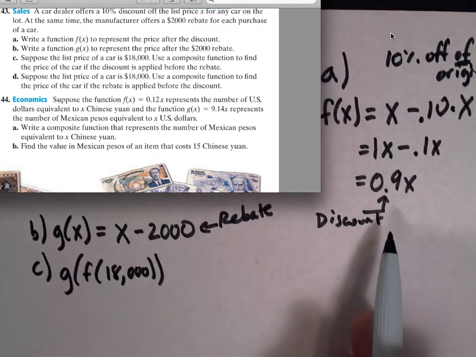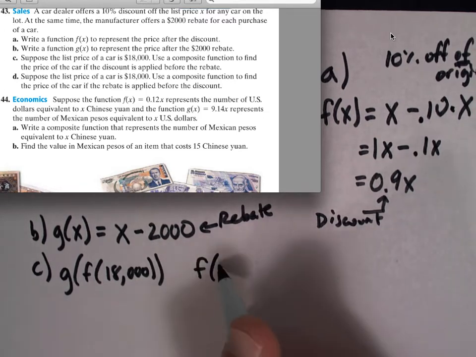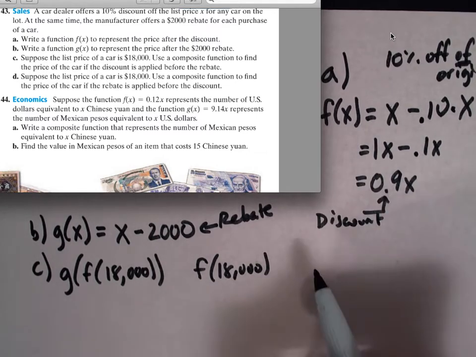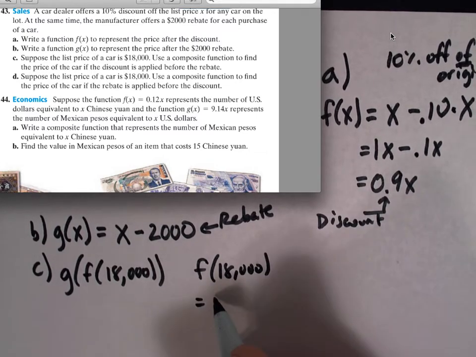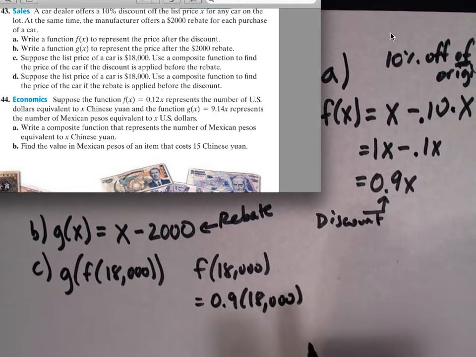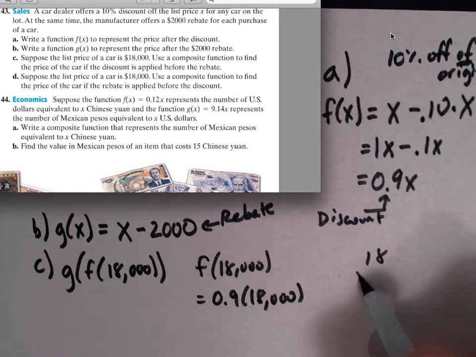I want to do the discount first. So first off, I want to find f of $18,000. That means plugging $18,000 into this machine here. So 0.9 times $18,000. I'm just going to multiply and figure out the zeros in a second. 18 times 9.